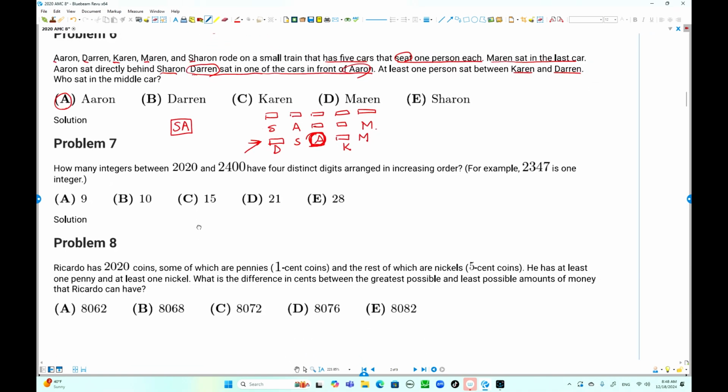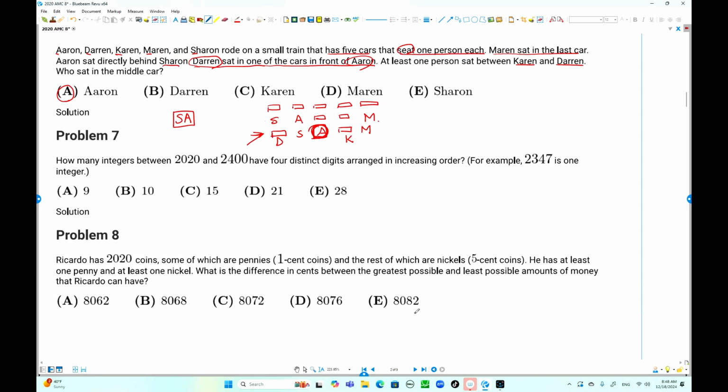How many numbers between 2020 and 2400? Four distinct digits, but they must be in increasing order. So when you start with 20, increasing order, the next is what? 2, 3, 4, 5. This is one of the options. But this one cannot be 4, right?